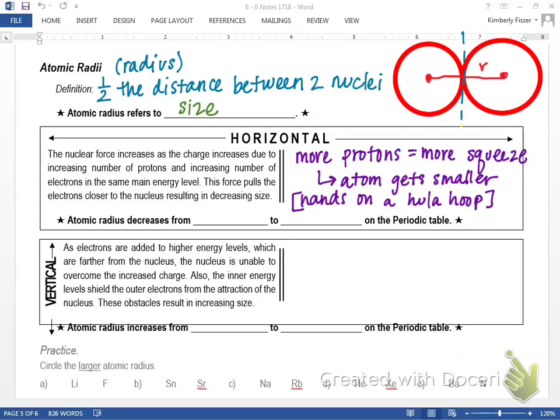If I add more protons and that makes it smaller, who's going to have the biggest atoms? The left side or the right side?